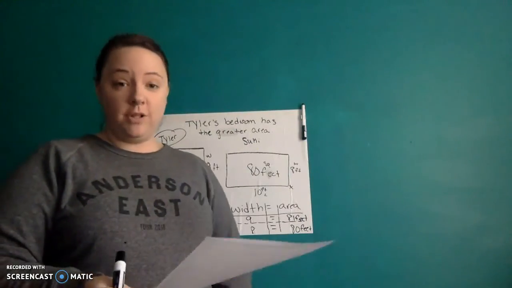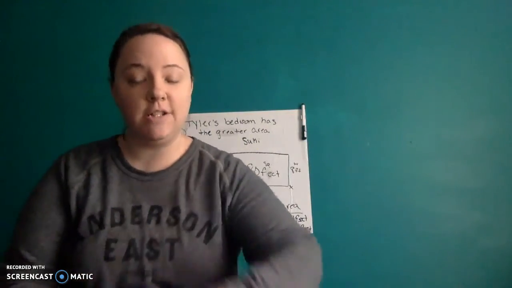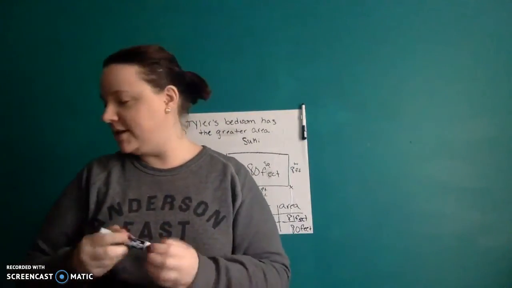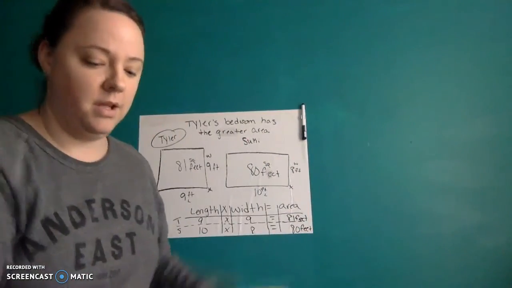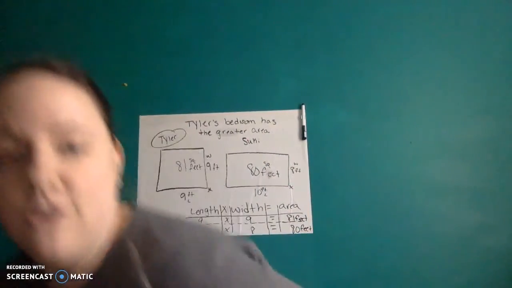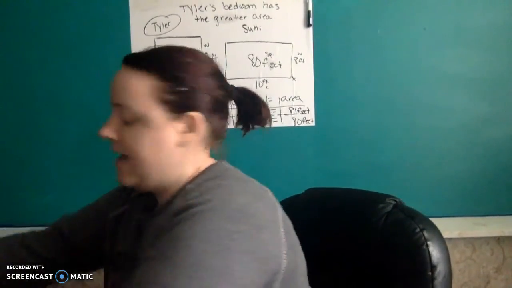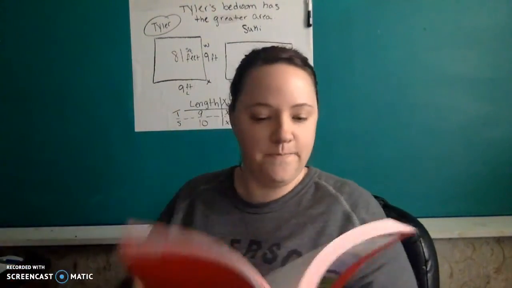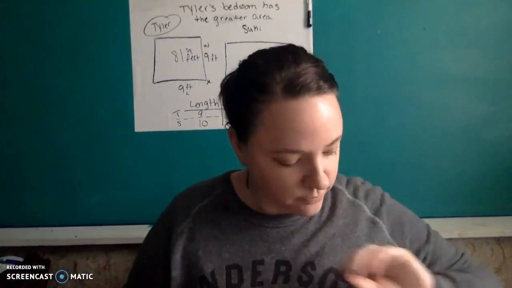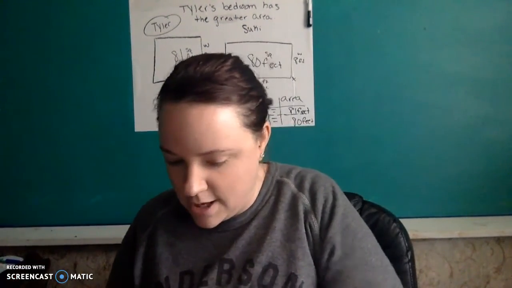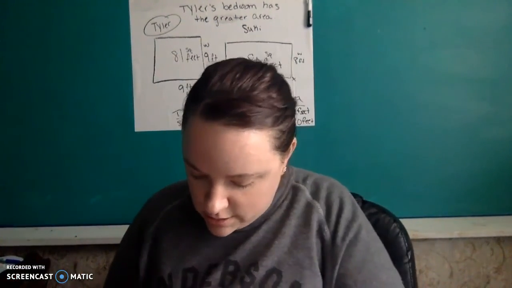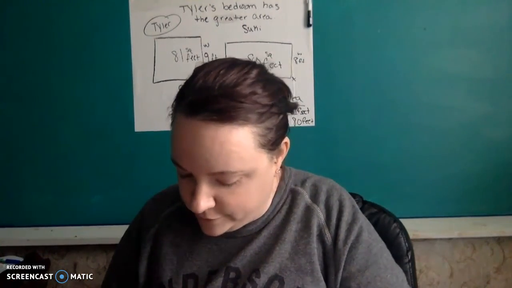So now you are going to try it. There are pages in your practice book. I have actually marked it so you guys can try some on your own. The word problems start on page 305 for you.